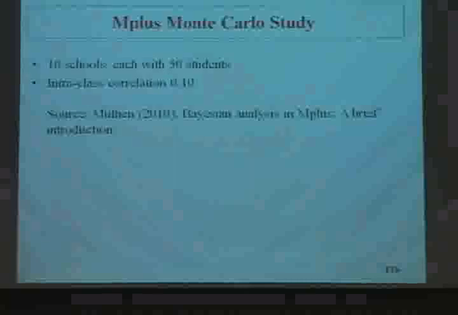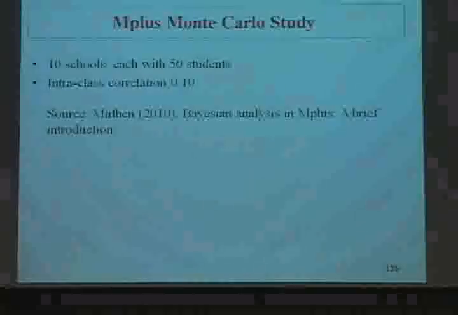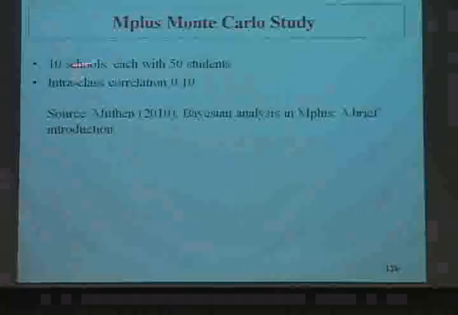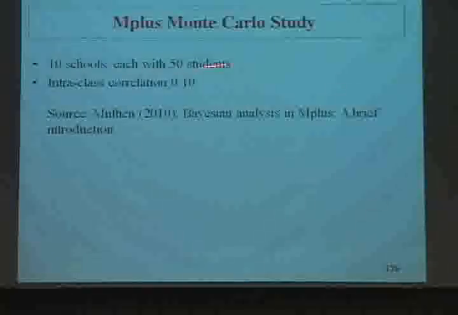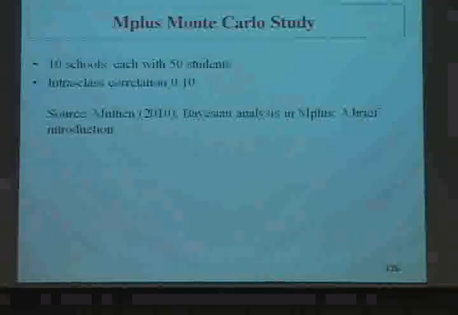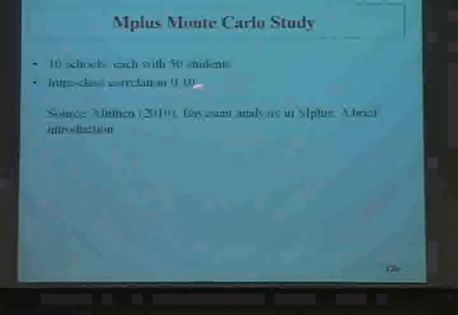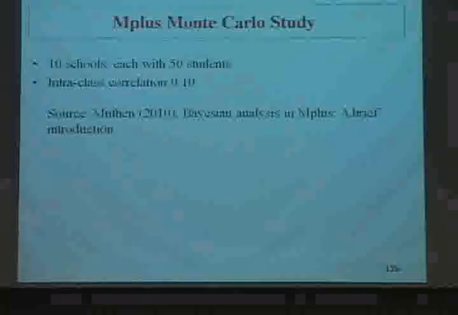Inspired by that, we did a Monte Carlo study in Mplus, and we stayed with 10 schools, each with 50 students. So that could be a fairly typical educational study, with a fairly typical intra-class correlation for achievement outcomes, for instance.